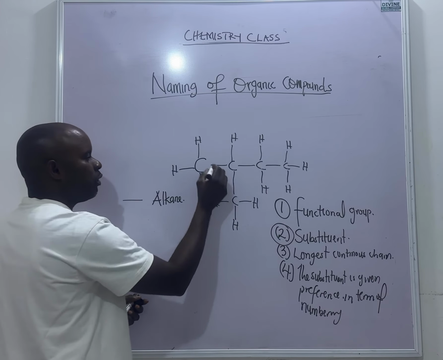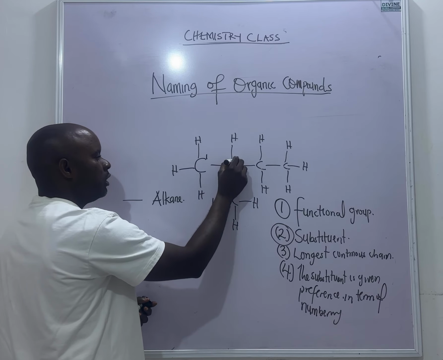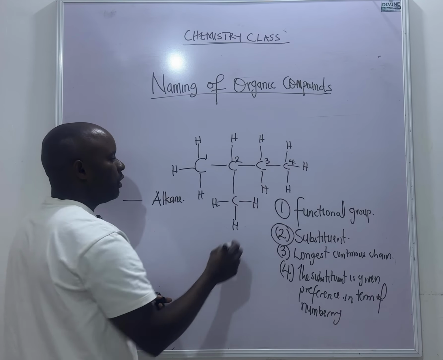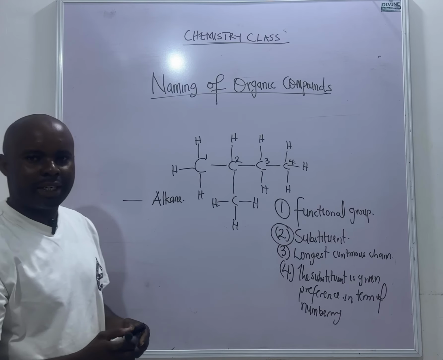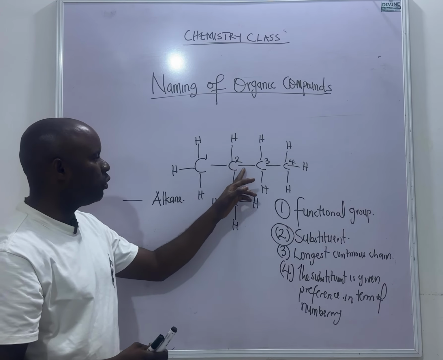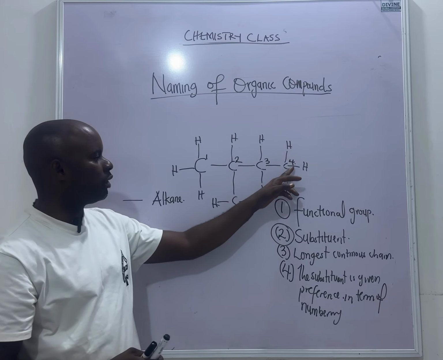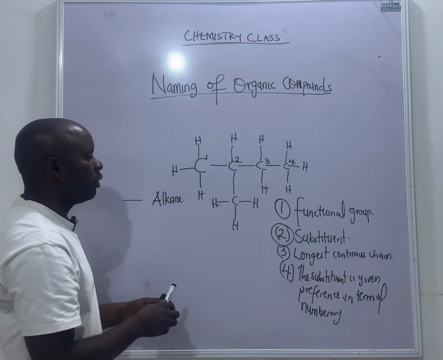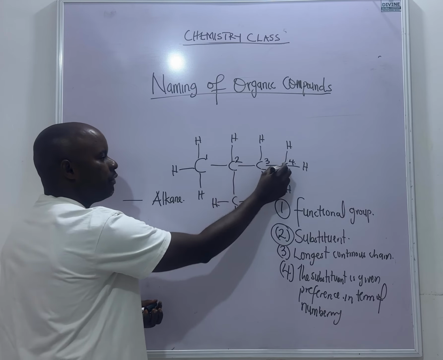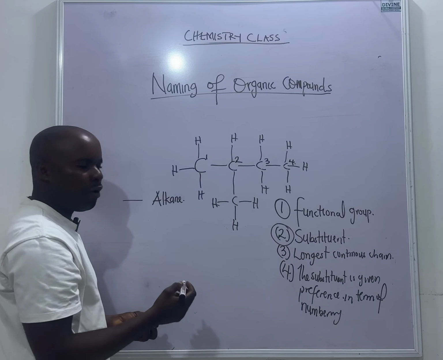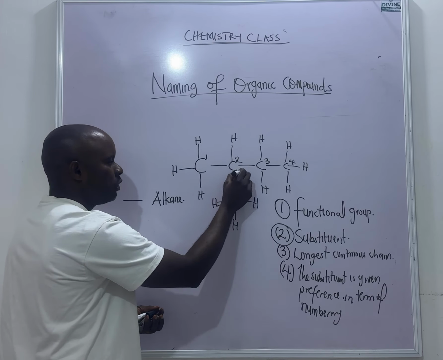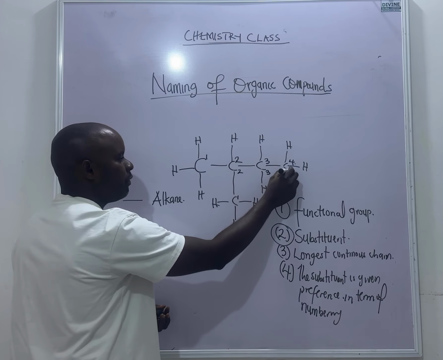So one of the rules is that we must identify the longest continuous chain. Like this chain now, is the longest continuous chain. It contains 4 carbons. So if I should use this 1, 2, 3, 4, it also contains 4 carbon atoms. So if you're going to number from here 1, 2, 3, 4.